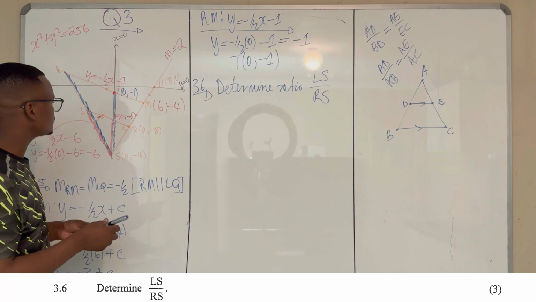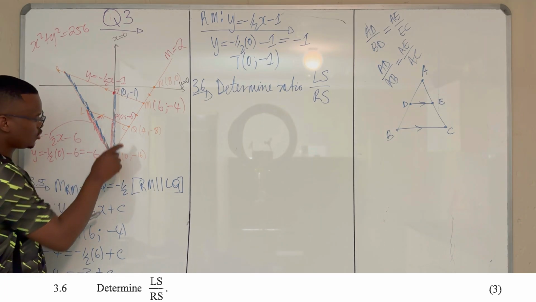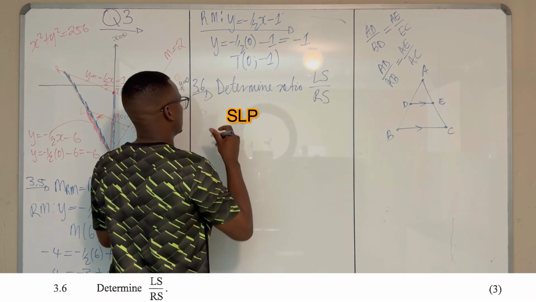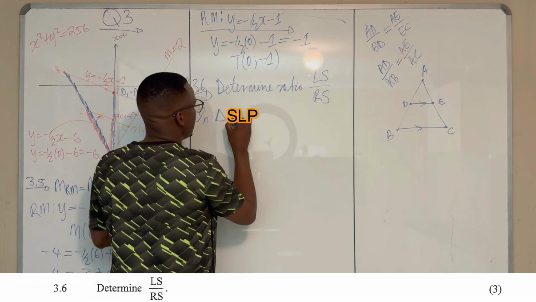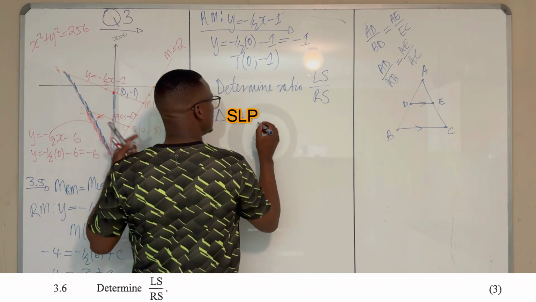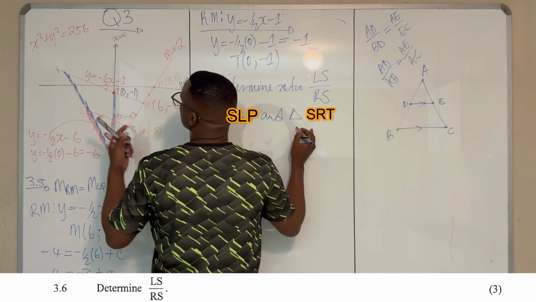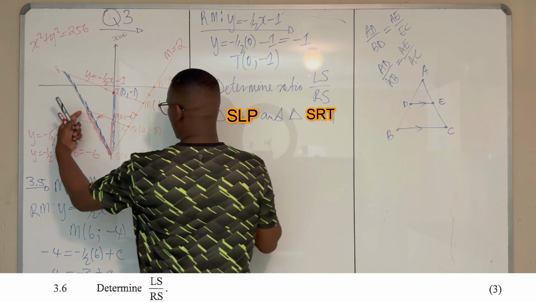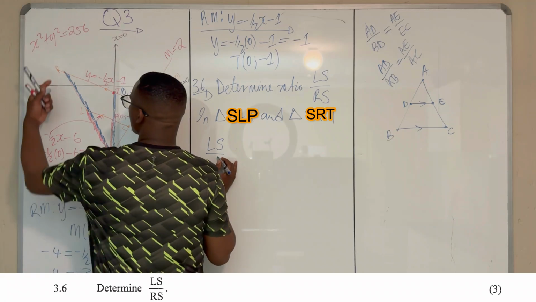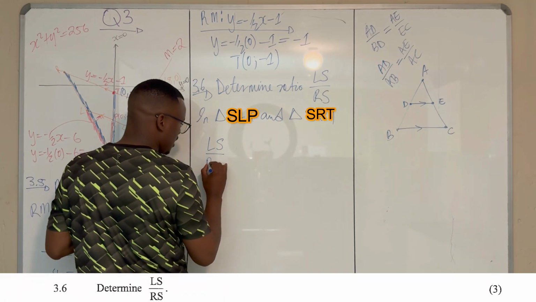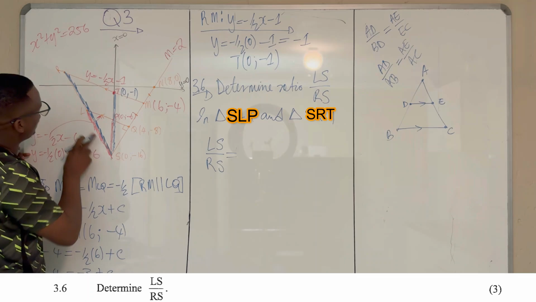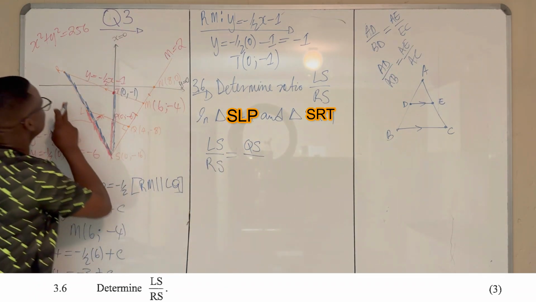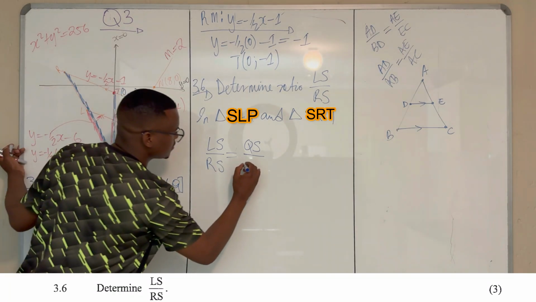So in this case, I'll say in these two triangles, triangle SLQ and triangle SRM, you can say that your LS over your RS, which is what they want you to find, LS corresponds to QS, and the entire side RS corresponds to TS.